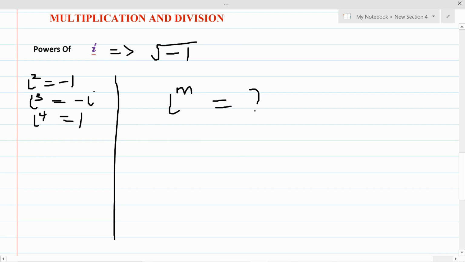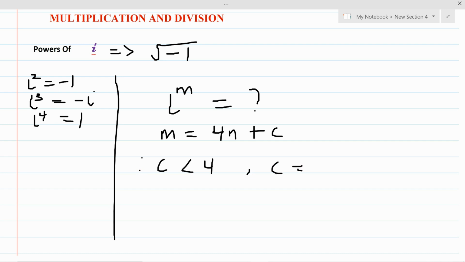So if I can write m as, let's say, 4 times a certain n plus a certain constant, let's say c, where c is less than 4, such that this condition is satisfied, then it means that c will be equal to either 0, 1, 2, or 3, because this is just counting, and the power should be a natural number.